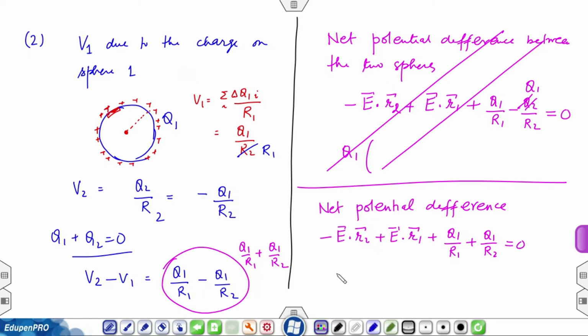And this gives me Q1 (R1 plus R2) over R1 R2 is equal to E dot (R1 minus R2).